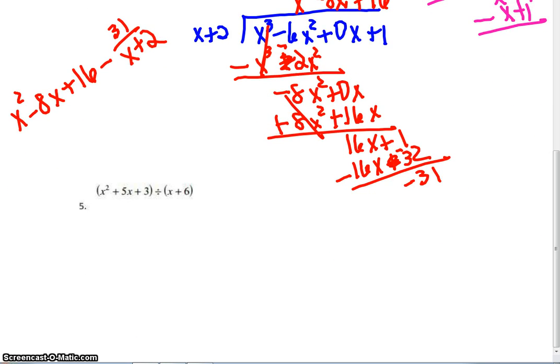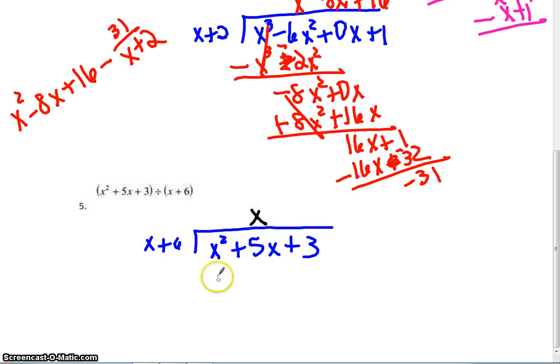Looking at number 5, you're going to say x plus 6 on the outside. On the inside, you're going to have x squared plus 5x plus 3. So you would multiply x by x to get x squared. So you have x squared plus 6x. Draw a line, change your signs. 5 minus 6 is going to be a negative 1x.